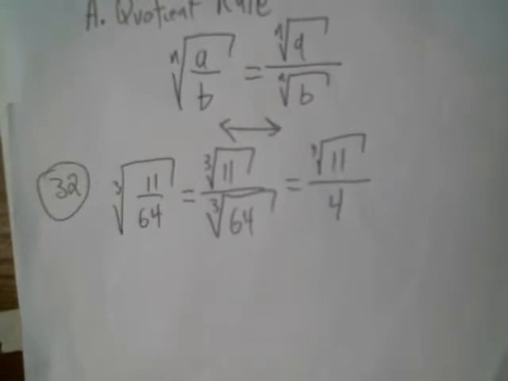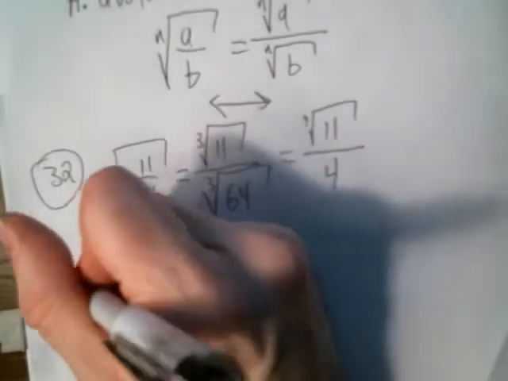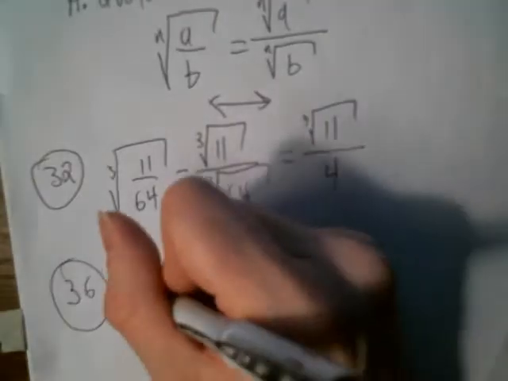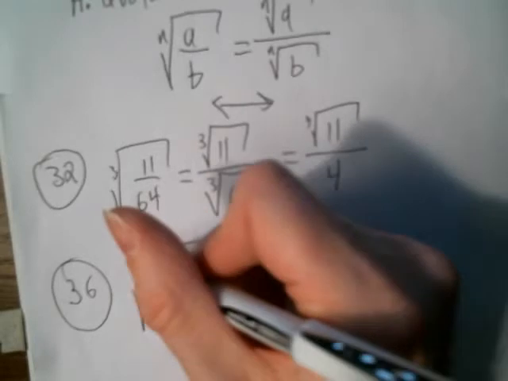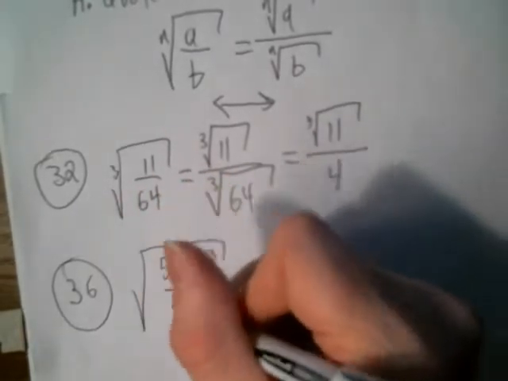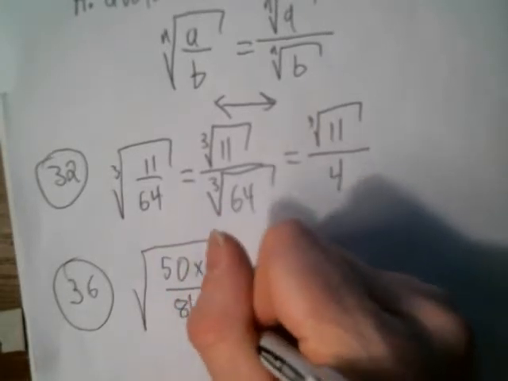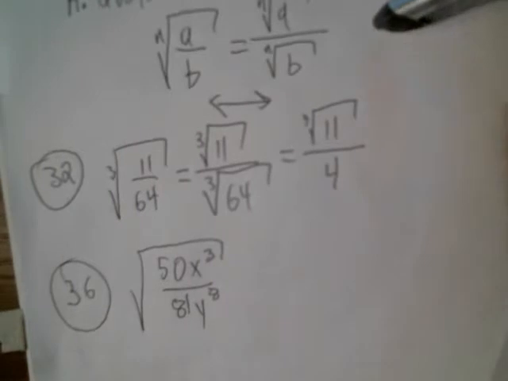Let's see how many more we got. About 7 more. They get more and more complicated as we go. This is 36. We have 50x cubed all over 81y to the 8th.